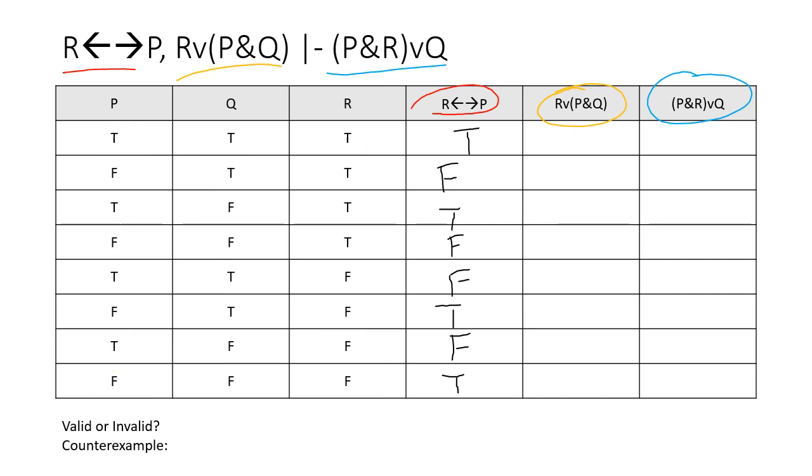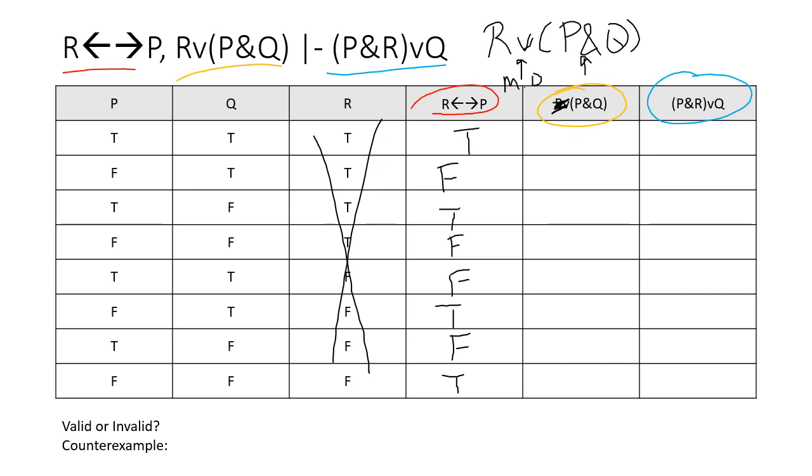And then looking at the next one, we have two operators here. So we've got R or P and Q. We have to do the one that's inside the parentheses first because the wedge is our main operator. So focusing on the ampersand first, we'll just ignore that.